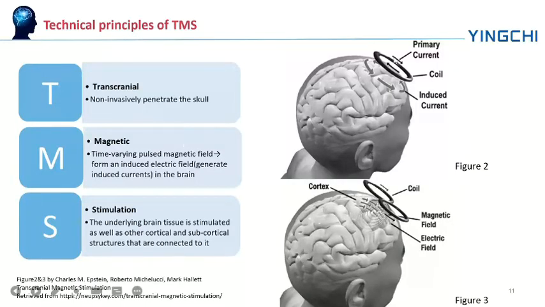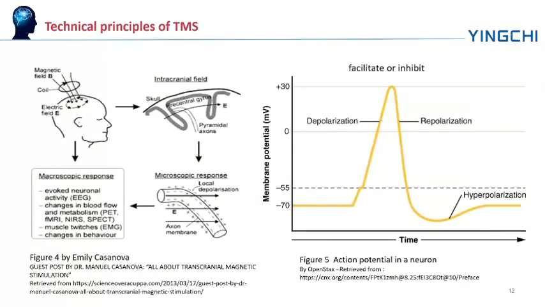This energy is converted non-invasively, penetrates the skull, and thus the underlying brain tissue is stimulated, as well as other cortical and subcortical structures that are connected to it. This picture shows a circular coil. This is a figure of 8 coil. And you may also see in this picture how it works.